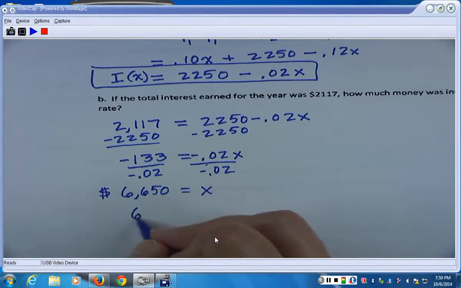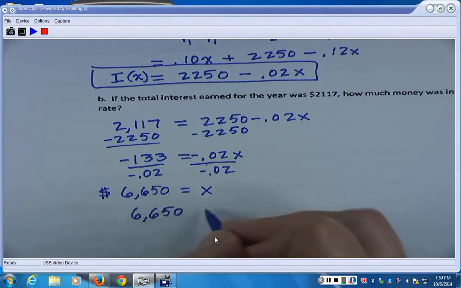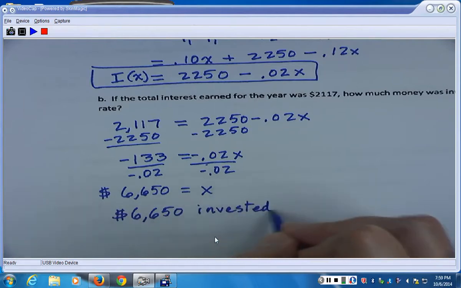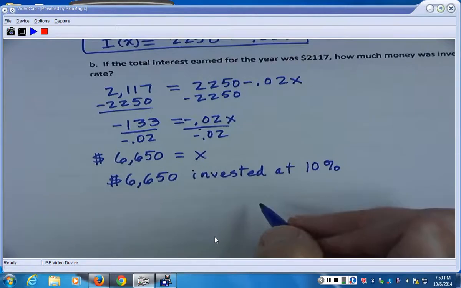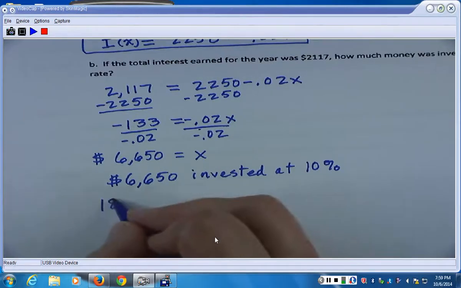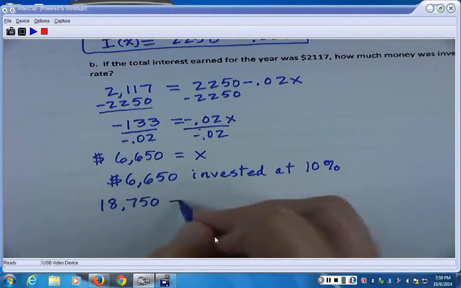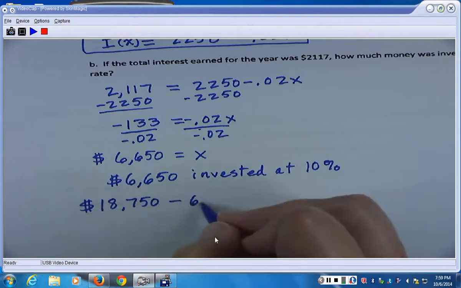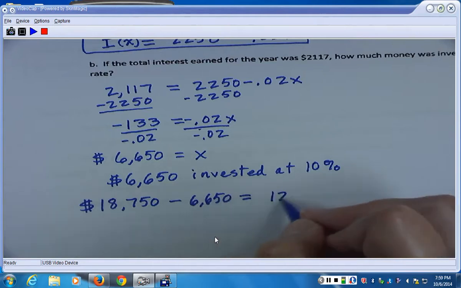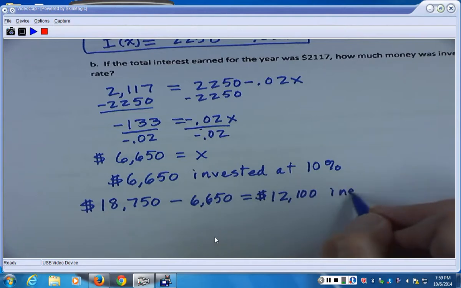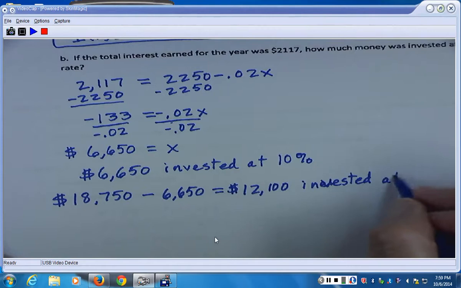So you had $6,650 invested at 10%, and then you're going to take the 18,750, subtract that, and get $12,100 invested at 12%.